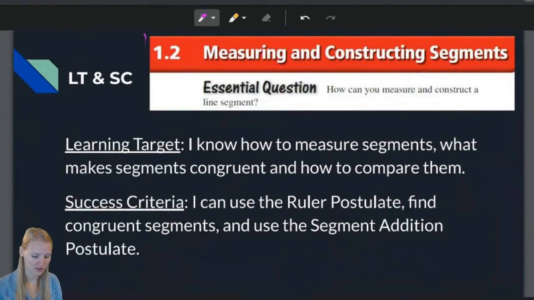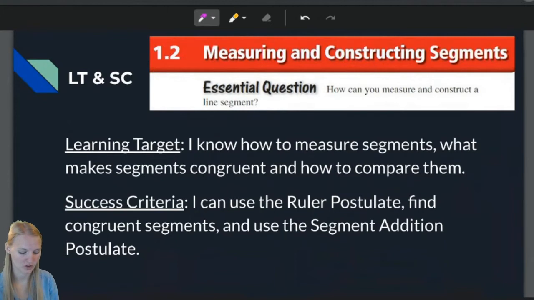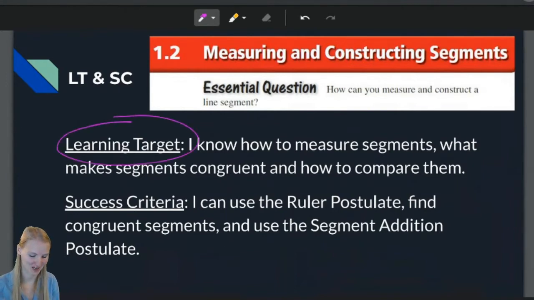We are starting section 1.2 today, and 1.2 is all about measuring and constructing segments. So, the learning target for this video is that you know how to measure segments, you know what makes segments congruent, and how to compare two segments.